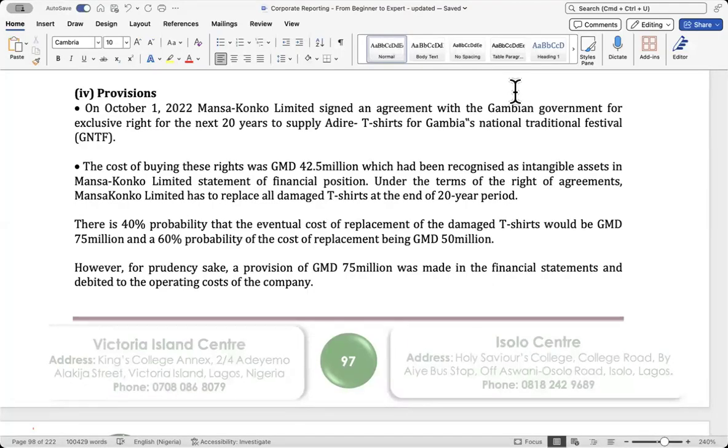That's an intangible asset. They said the cost of buying these rights was 42.5 million, which was recognized as an intangible asset. That's correct.